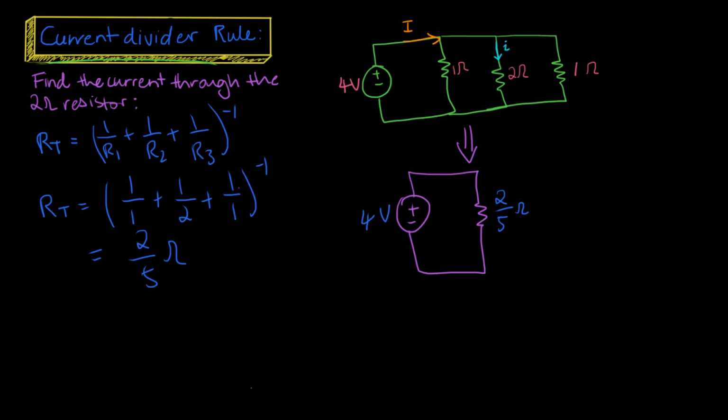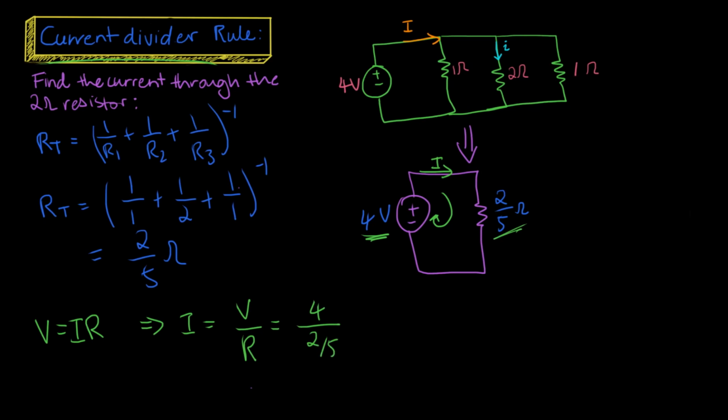So let's just use our Ohm's law, V equals IR, to rearrange for the current going through this circuit. So what is this current going through this loop here? Well, rearranging this, we get I equals V on R, which equals 4 volts over our resistance, which is 2 on 5, and that equals 10 amps. So awesome, we just found our big I up here, the current going into our 3 resistive branches.